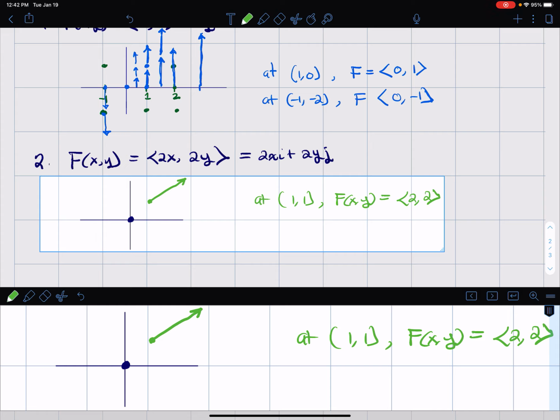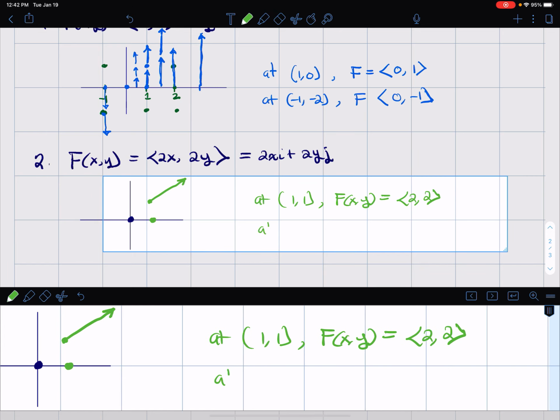How about at the point 1, 0? Then the vector is moving along the x-axis 2 units. So at 1, 0, f is going to be 2x, which is 2 times 1, and then 2y, which is 0.